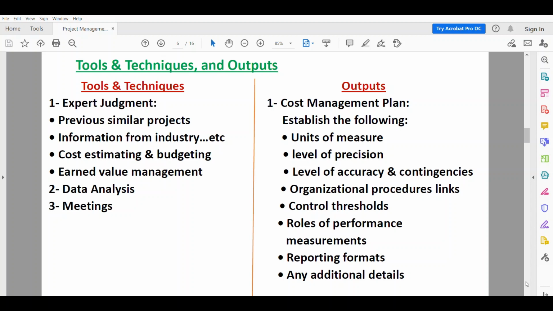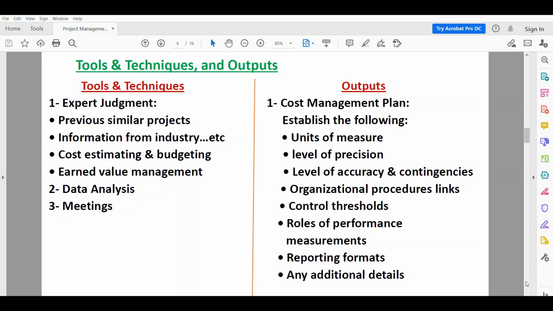The fifth one is the control thresholds. Variance thresholds for monitoring cost performance may be specified to indicate an agreed upon amount of variance. You have to specify from the beginning that a certain variance is acceptable, and if it is plus this or minus this, it's not acceptable.